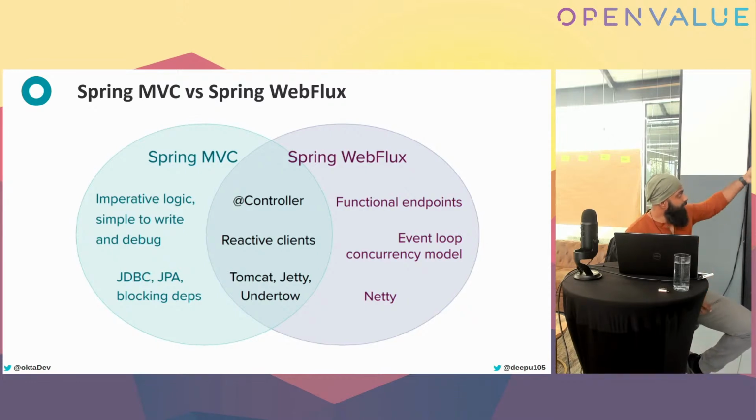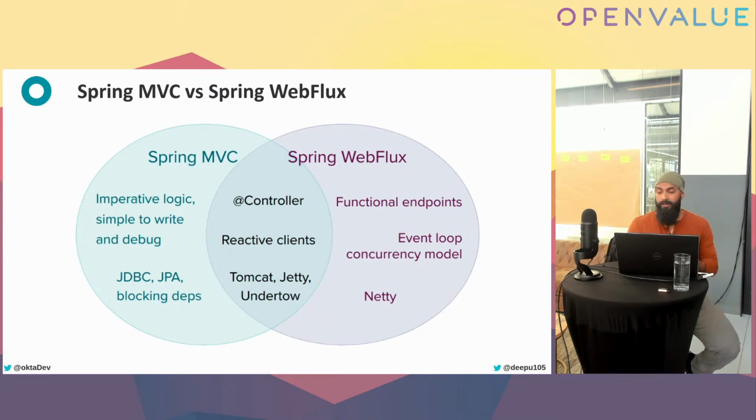So of course there are some things in common, like the annotations are quite similar. They both have reactive clients actually, and both can run on Tomcat, Jetty, and Undertow, but they actually have more differences than what they have in common.